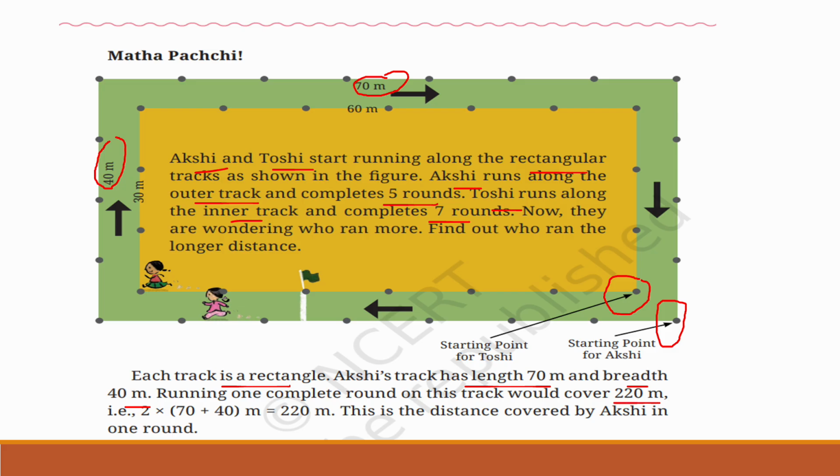Because that is the perimeter. It is a rectangle, so perimeter is 2 into length plus breadth. That is 2 into (70 plus 40), that is 220 meter. So this is the distance covered by Akshi in one round. She completes 5 rounds, so total distance covered is 220 into 5.